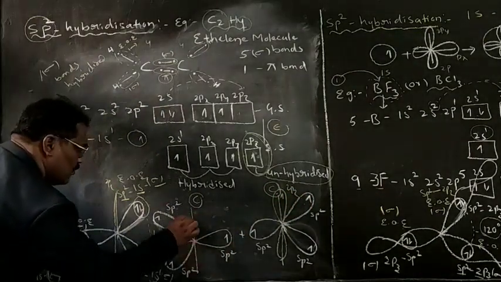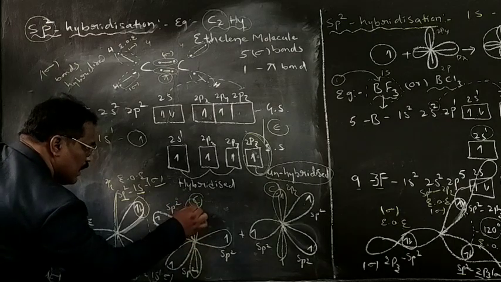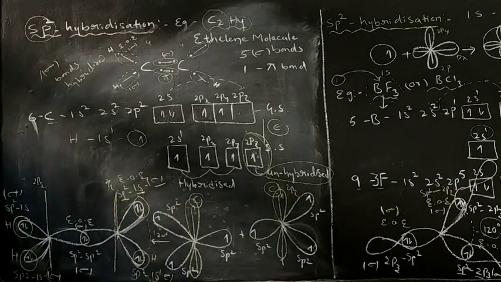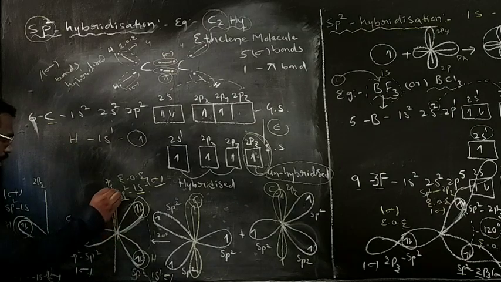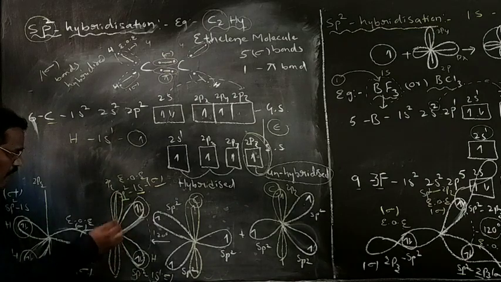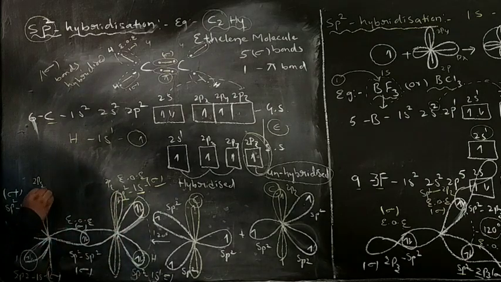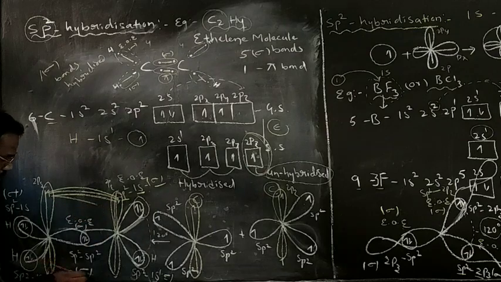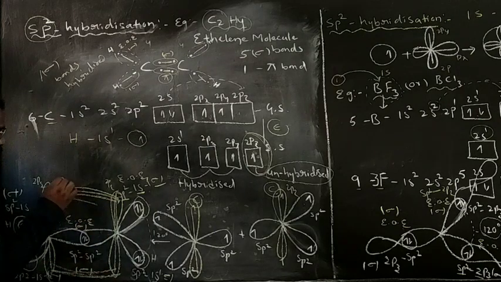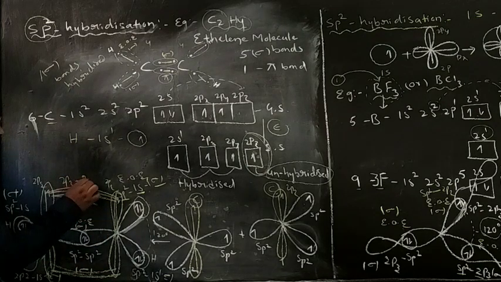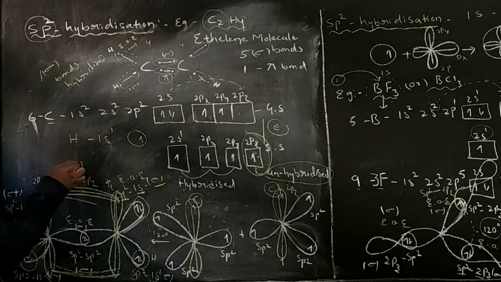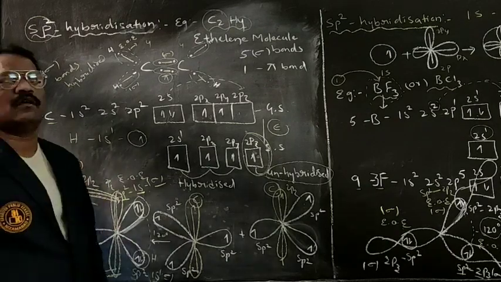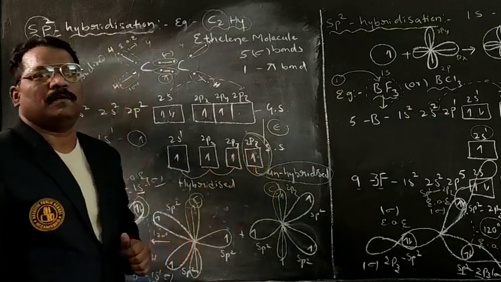Here also one more unhybridized orbital with an electron. These overlap side by side, 2pz and 2pz, and form a bond. That bond is called a pi bond.